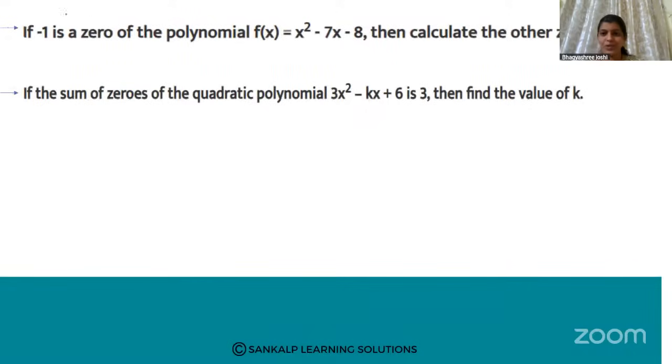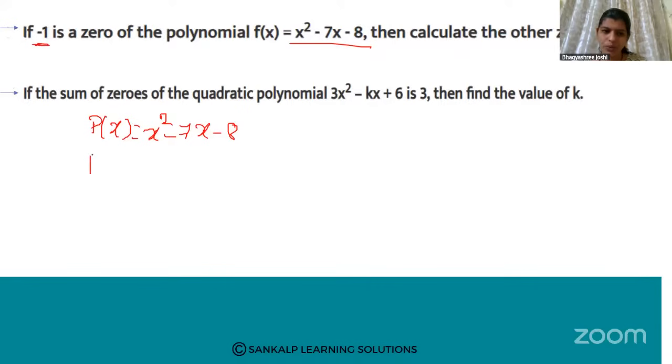Next one. Observe carefully. If minus 1 is a zero of the polynomial x square minus 7x minus 8, then calculate the other zero. So 1 zero they have already given and we need to find the other zero. How? P of x equal to x square minus 7x minus 8 is the quadratic polynomial. 1 zero already they have given, that is minus 1.